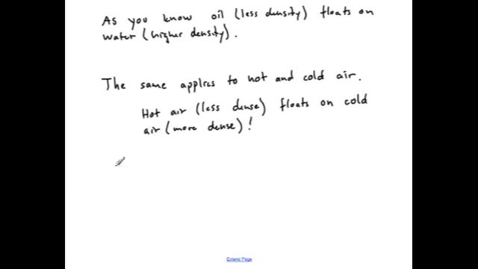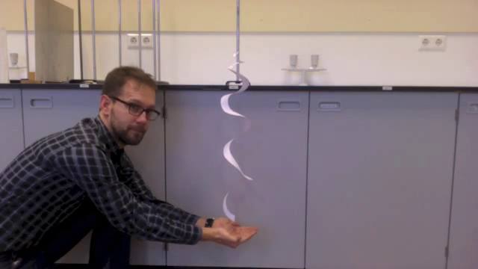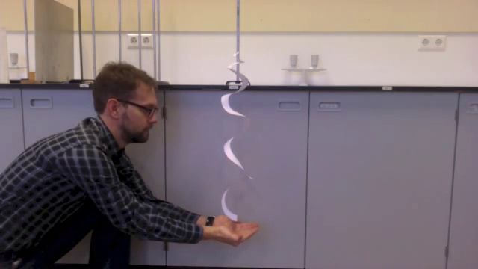And of course I have to convince you of this, so I'm going to try to show that to you with a little demo that I prepared. We'll also have a look at the demo in class. I have created a paper spiral, hanging from a small thread, and I put my hands under it to heat the air.